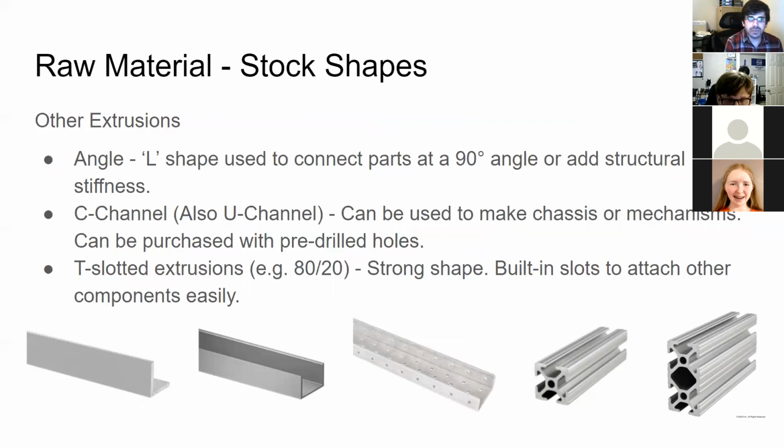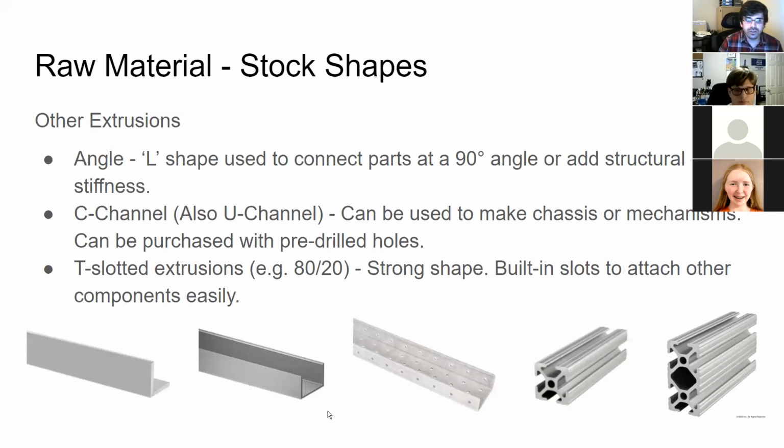We'll have that in the shop. Angle is this L shape. In our shop, we have 1 inch by 1 inch, 1.5 inch by 1.5 inch, and 2 inches by 2 inches. This can bolt on pretty easily to some flat sheet and give it a lot of strength if you didn't want to, for example, bend that angle into the sheet.